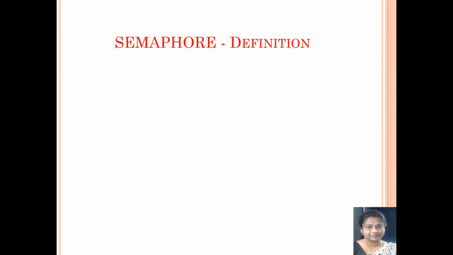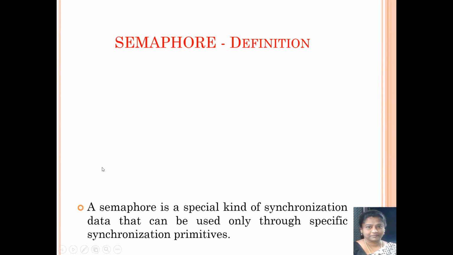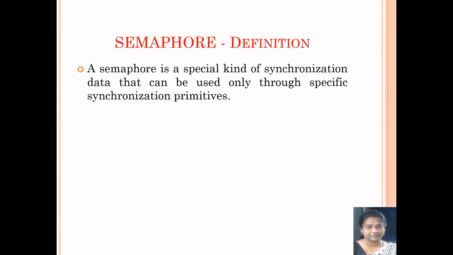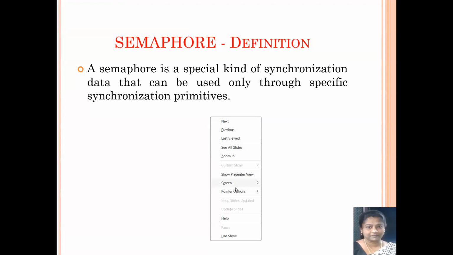Now, let's move on to the definition of a semaphore. A semaphore is a special kind of synchronization data that can be used only through specific synchronization primitives. As I already informed you, a semaphore is a synchronization tool used for achieving process synchronization. And how is that achieved?